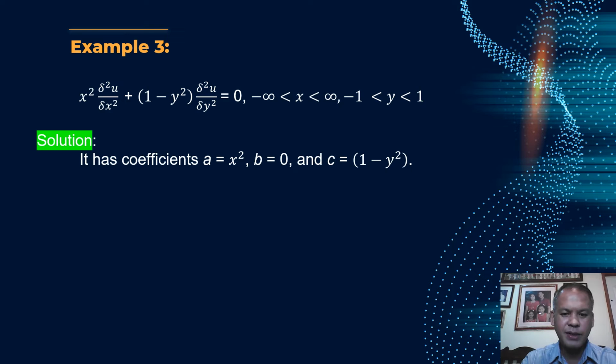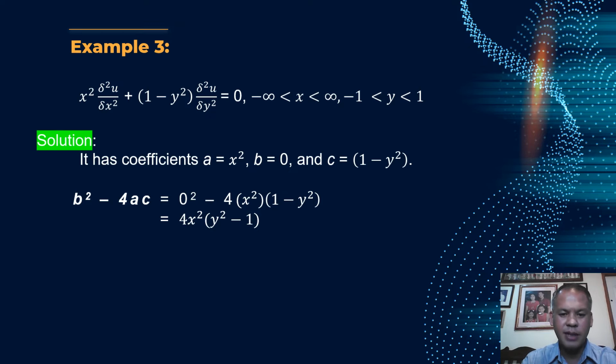So for the solution, first, we have the coefficients a equals x squared, b equals 0, and c equals 1 minus y squared. By substituting this into b squared minus 4ac, we have 0 squared minus 4 times the quantity x squared times the quantity 1 minus y squared. And as a result, the product is 4x squared times the quantity y squared minus 1.